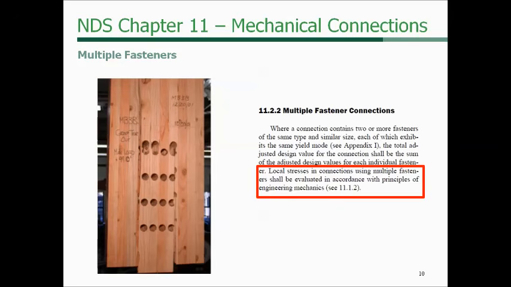Because glulam has a maximum moisture content at fabrication of 15% versus 19% for lumber and timber, the glulam folks felt it was more appropriate to ease the restrictions that we have for lumber and timber, and so you can go as high as 10 inches between those outermost rows. That's a good clarification as well, Michelle.